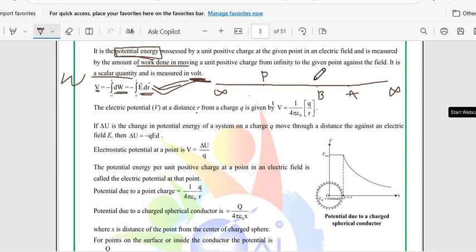The total distance from this point to this point is R, but this small distance between the two charges will be dr. This is a small distance.